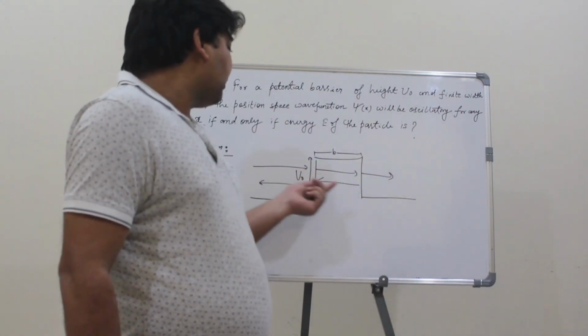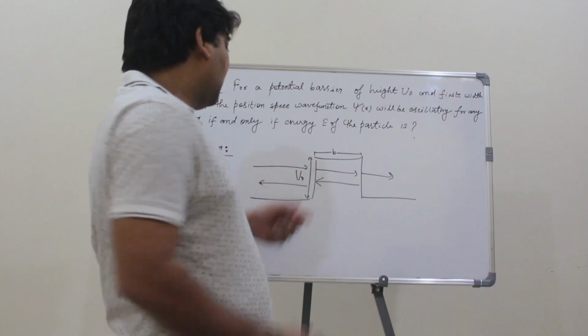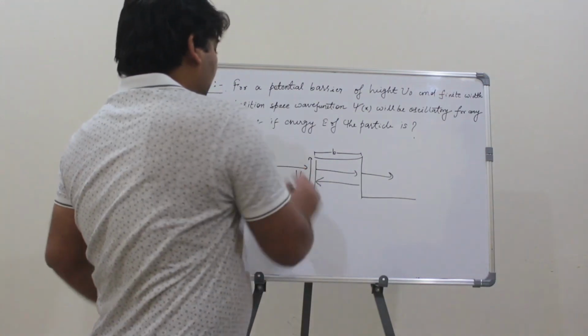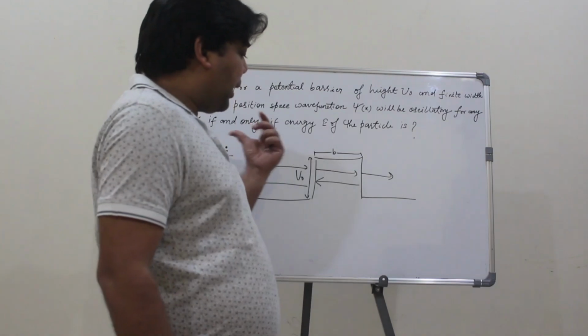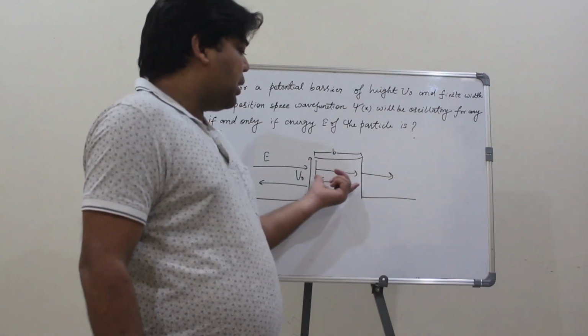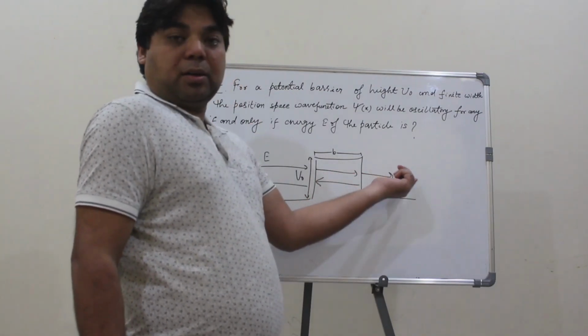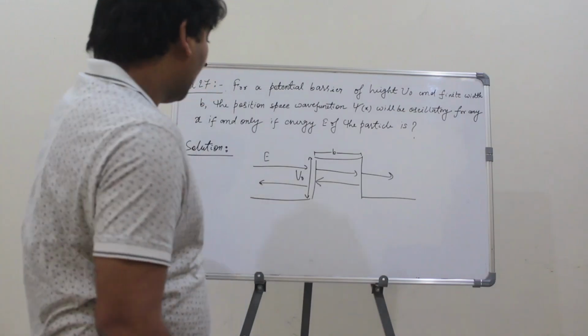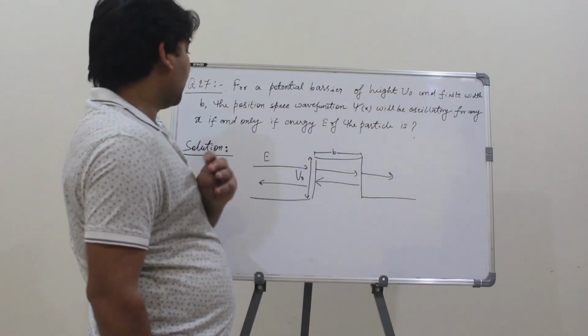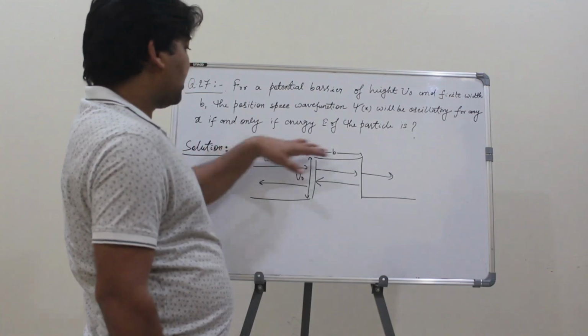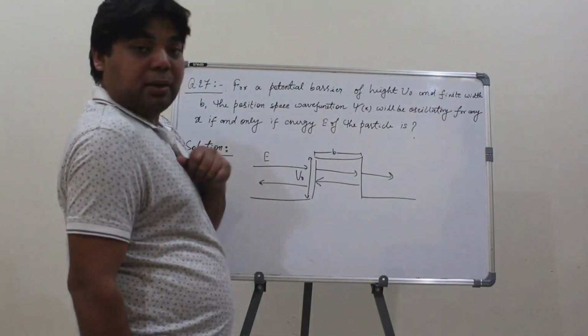Ultimately, depending upon the energy of the particle and the barrier height, the particle will either reflect back, or be trapped inside the barrier, or come out of the barrier, right? So here it is saying that height u0 is there and width v is there and E is the energy of the particle.